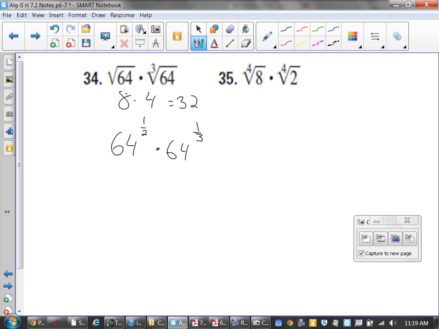What do you do to the exponents? You add them. So it's 3/6 plus 2/6, so you get 5/6. Oh, okay. Which means what's the 6th root of 64 to the 5th power?